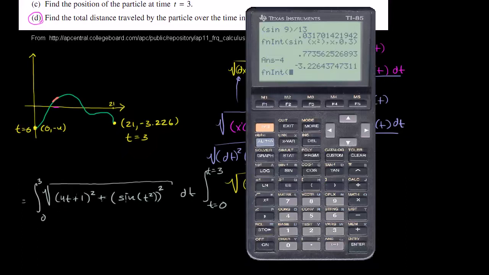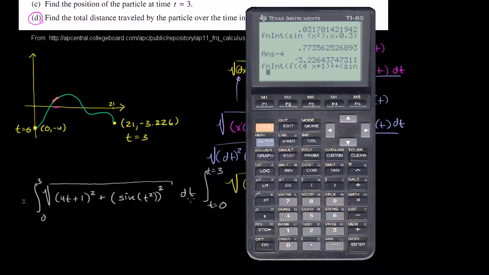We have to punch this into our calculator, the square root of, and I'll write it as x's just because the x button is much easier to get to than trying to put a variable t in there. So the square root of 4x plus 1 squared plus sine of x squared.